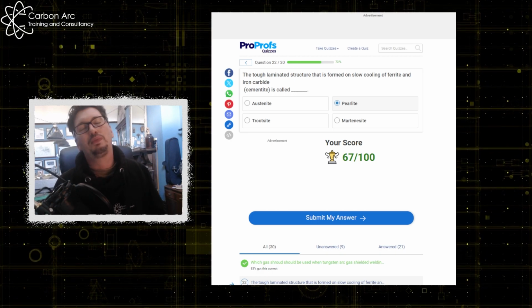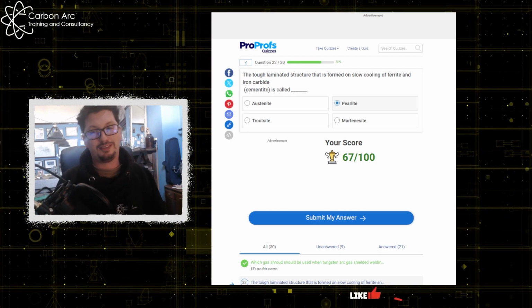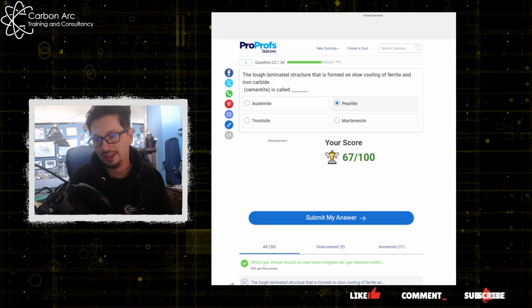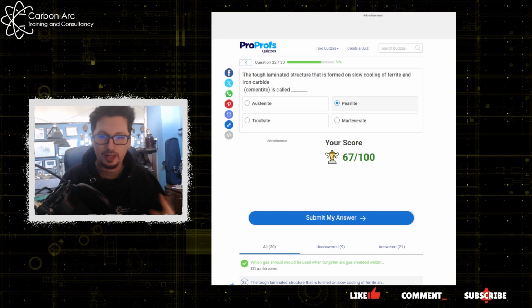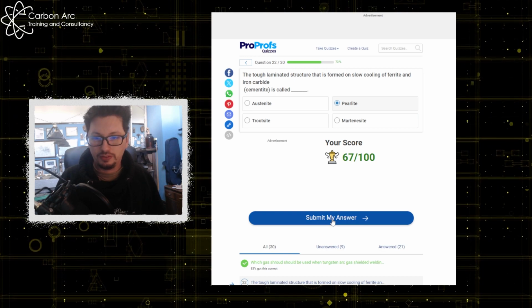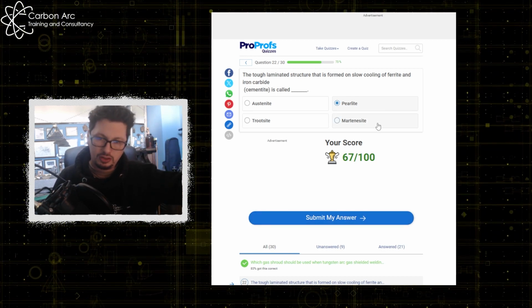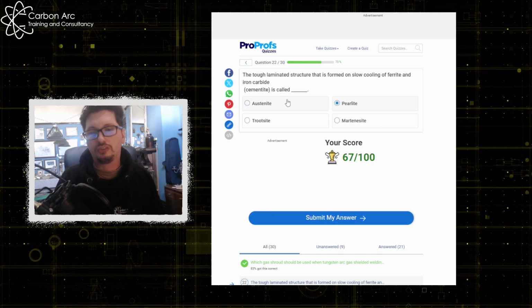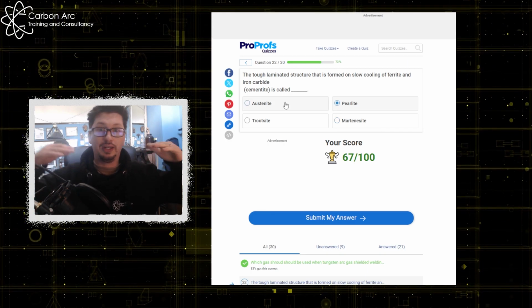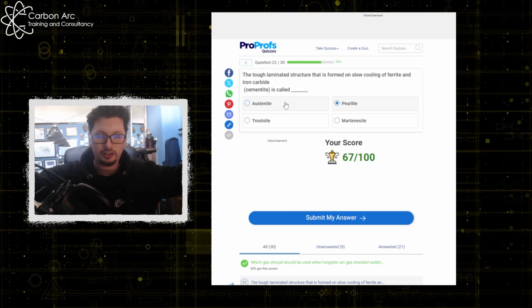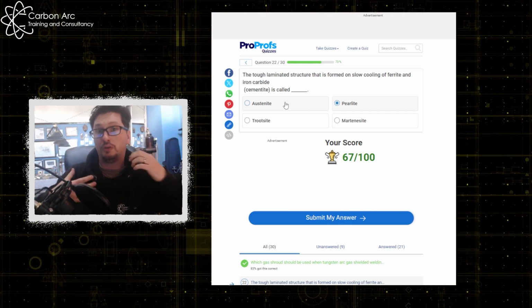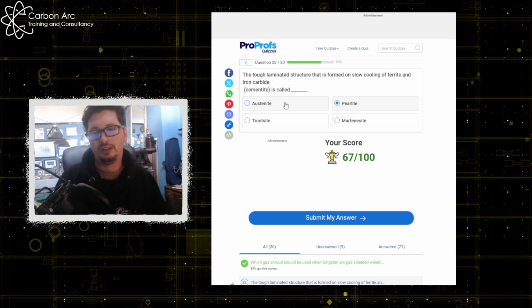I'd be very surprised if you get that because we don't actually teach it. But pearlite's the structure we want to find. Martensite is fast cooling from the critical transformation temperature. Austenite is what it is above the critical temperature. So in carbon steel, above 723 degrees, it's austenite.